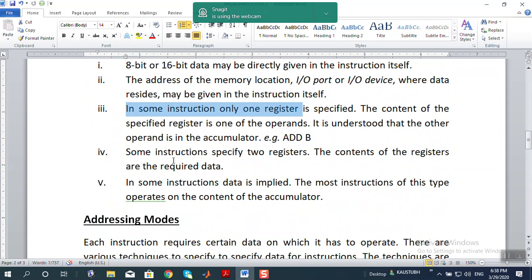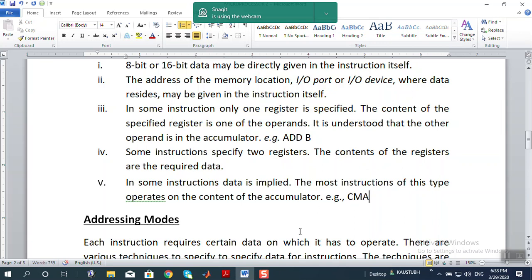Another technique: some instructions specify 2 registers. The content of the registers are the required data. Like one register, there can be some instructions where 2 registers are specified. And in some instructions, data is implied. Most instructions of this type operate on the content of the accumulator. For example, CMA.